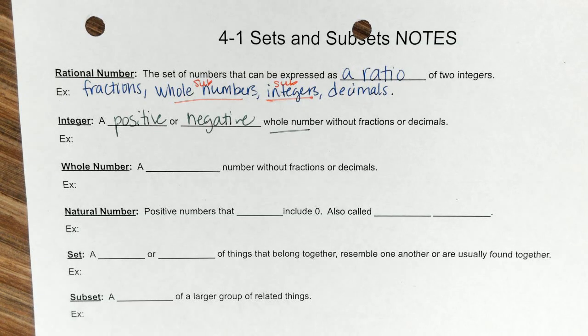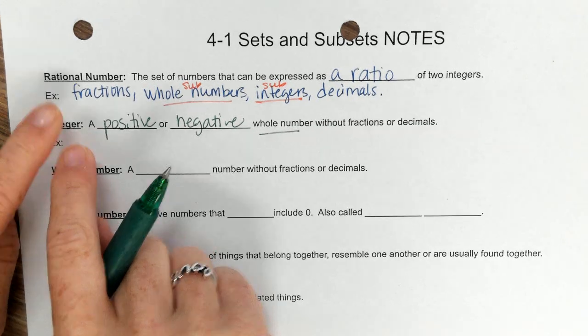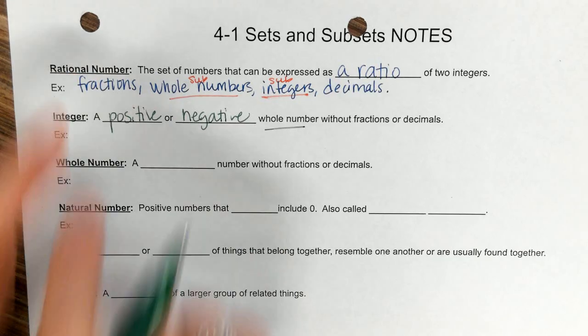Again, an integer, they're the numbers you put on a number line. 1 and -1, 2 and -2. So if y'all look at the number line up there on my whiteboard, all of those numbers are integers, the positives and the negative counting numbers. Is that good? And these are subcategories of rational.